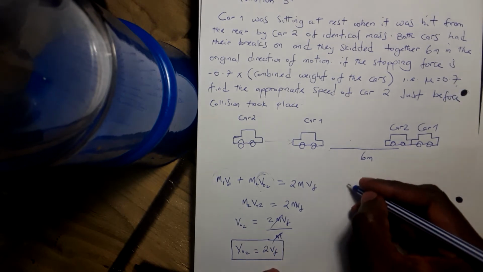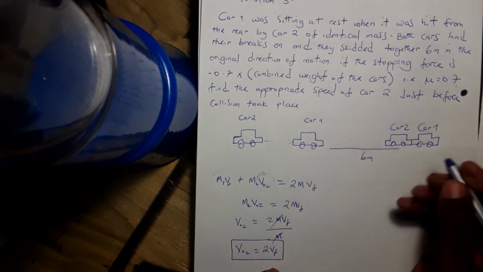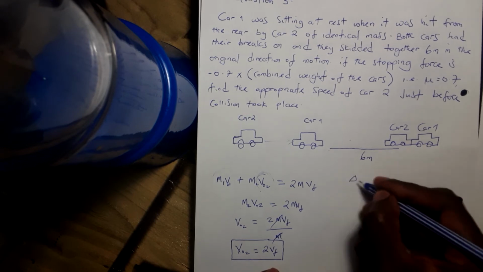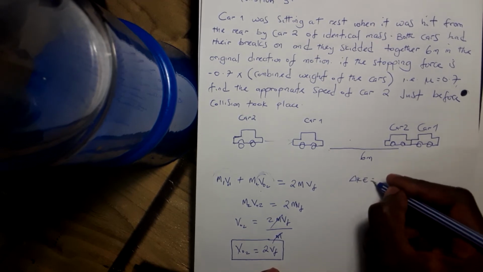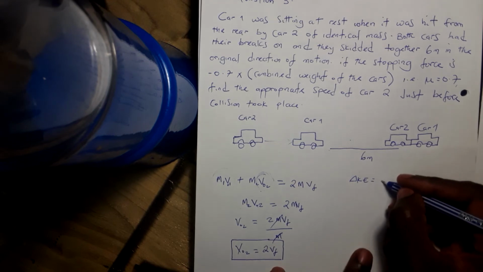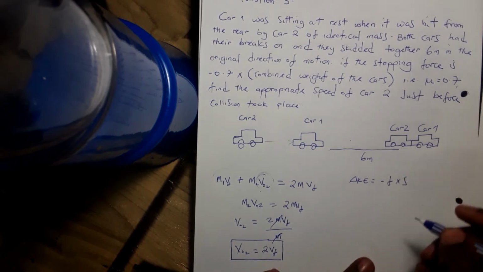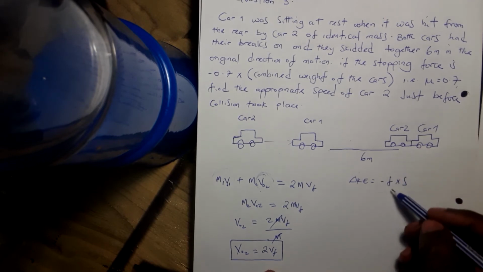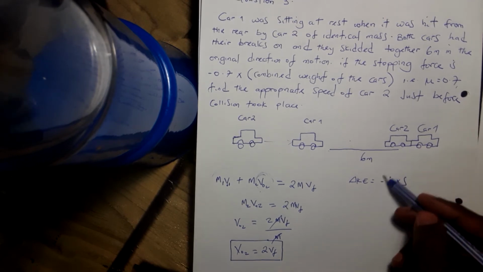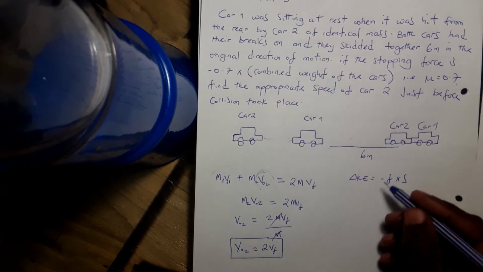Okay, so we know that our formula is change in kinetic energy is equal to negative F times S. Okay, so negative F, this is basically the friction, of course.